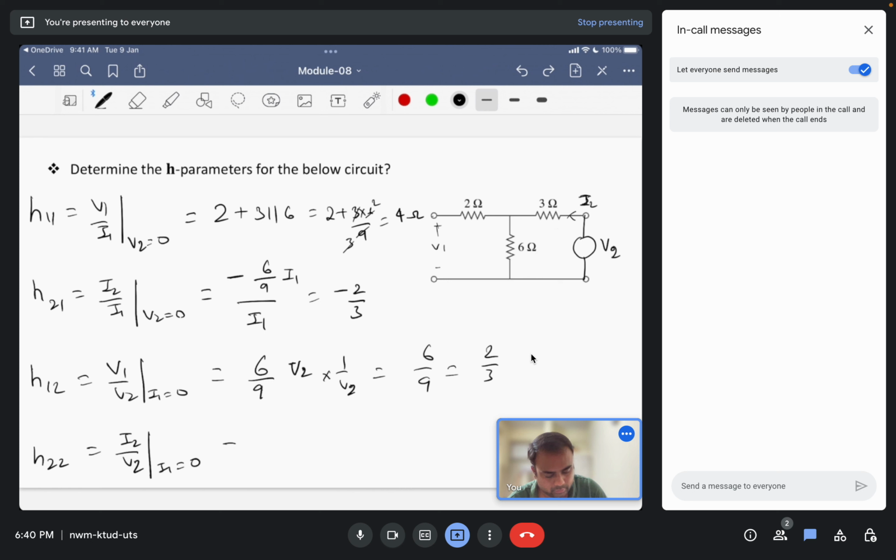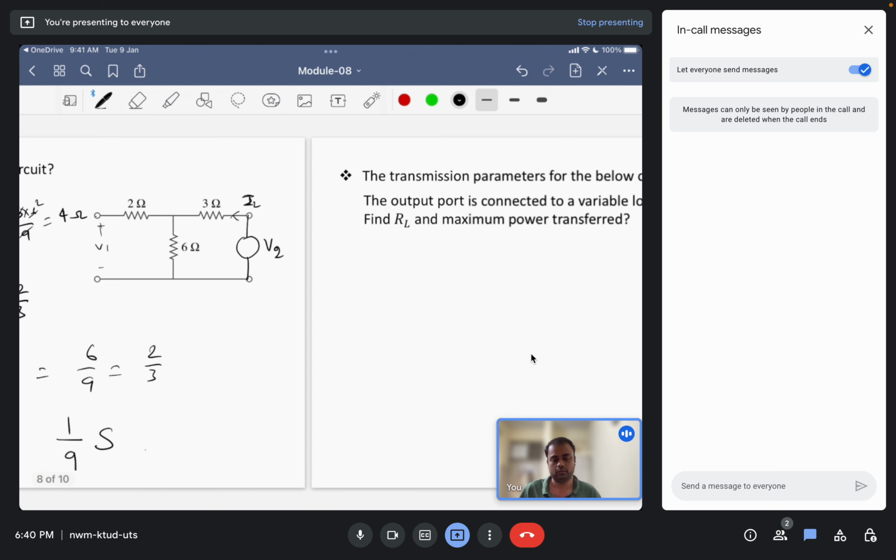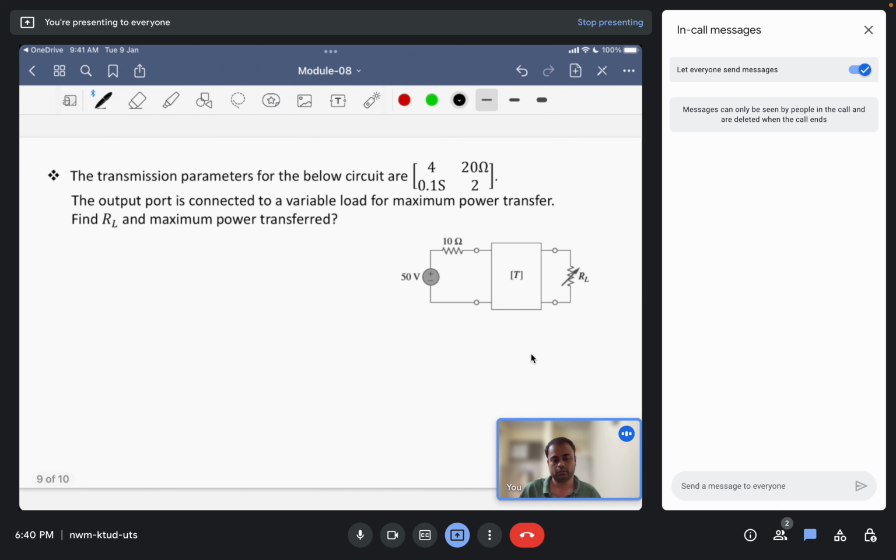Sorry, this is not impedance but admittance, so we have to write it as 1 upon V2 by I2, and V2 by I2 is 9, so 1 by 9. The unit is always Siemens. These are the 6 and 3 ohms.